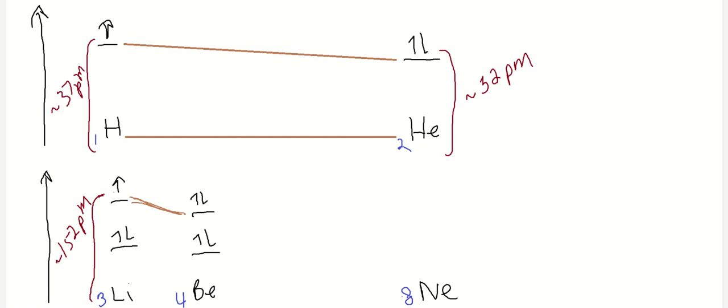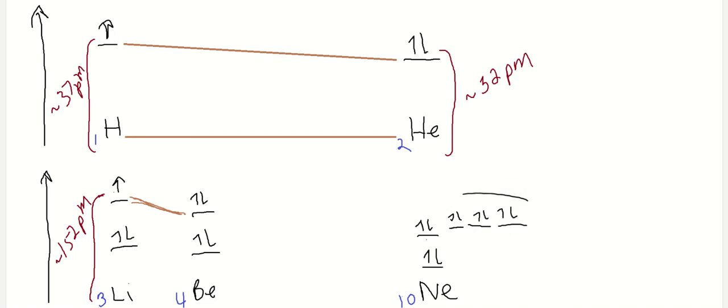I'm sorry, that has 8 protons there, but a total of 10. So neon is the smallest because it has 10 protons, and those 2 electrons are the closest of all of these examples because there's nothing shielding the inner electrons, and that n equals 2. Here's the 2s, and then the 2p, or maybe slightly higher.